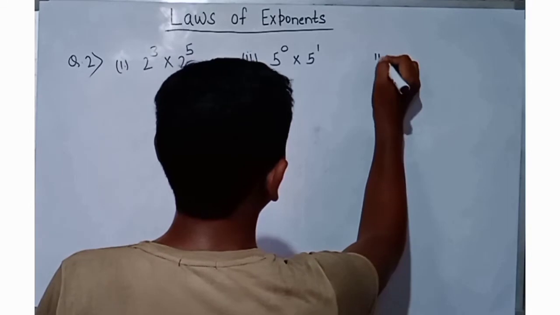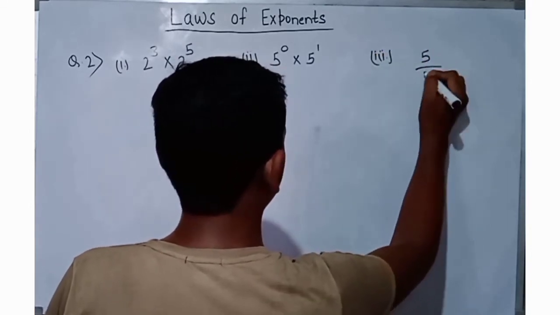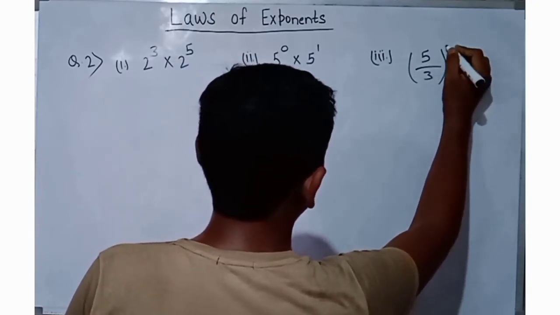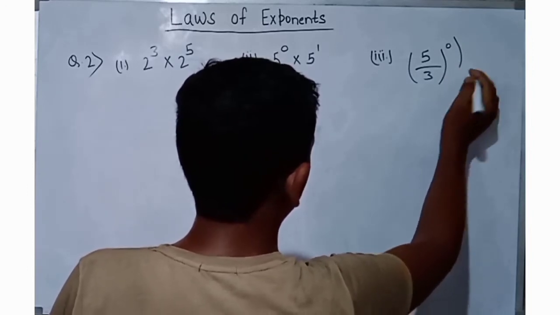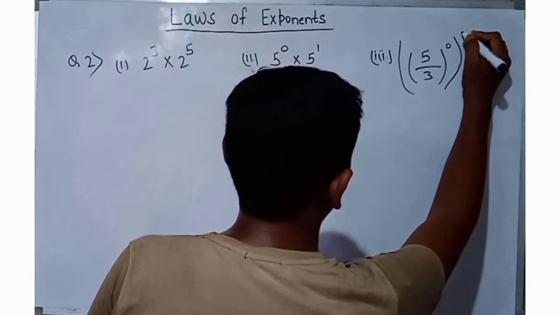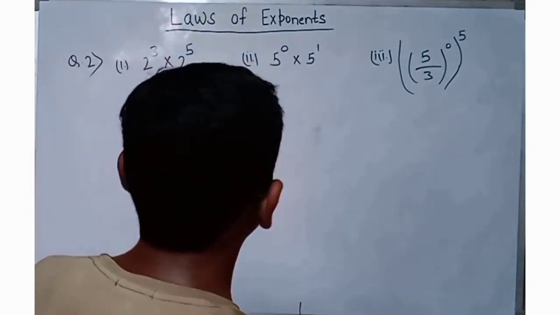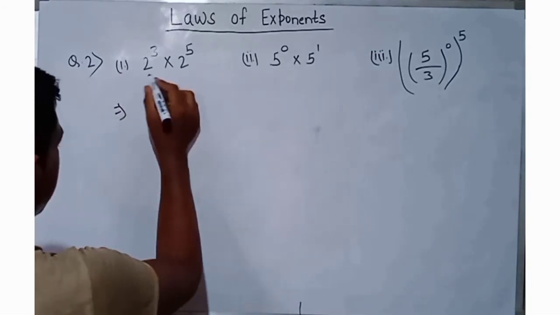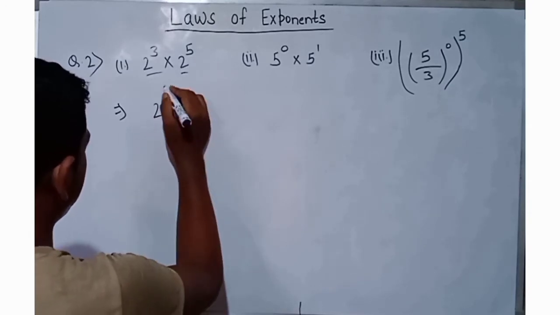The third part is 5 by 3 whole to the power 0 into 5. Here both bases are same, so the powers will be added.